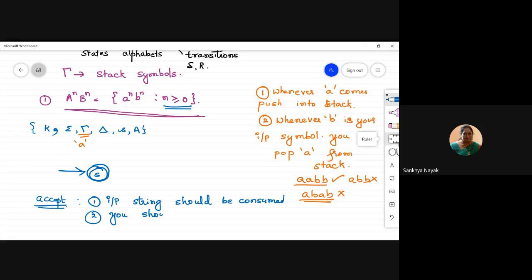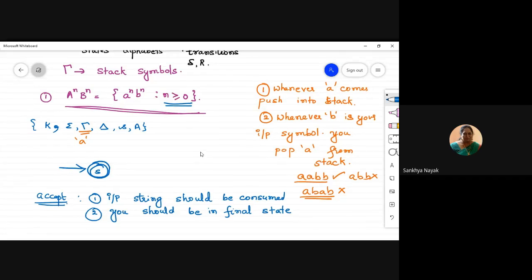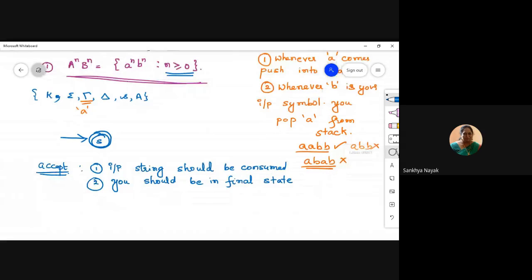When all input is consumed, you should be in the final state. Not only these two, the third condition says that you also should have nothing inside the stack, right? So the stack should be empty. So these three conditions have to be satisfied.